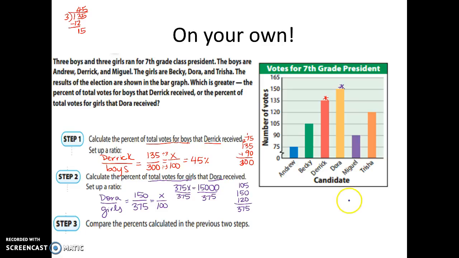So let's do the math over here. 15,000 divided by 375. So let's see, 3 goes into 15 5 times, that's probably too many, so 375 times 4. 4 times 5 is 20, 7 times 4 is 28, 29, 30, 3 times 4 is 12, 13, 14, 15, so 1500 is 4 times, so it's going to be 40 times.